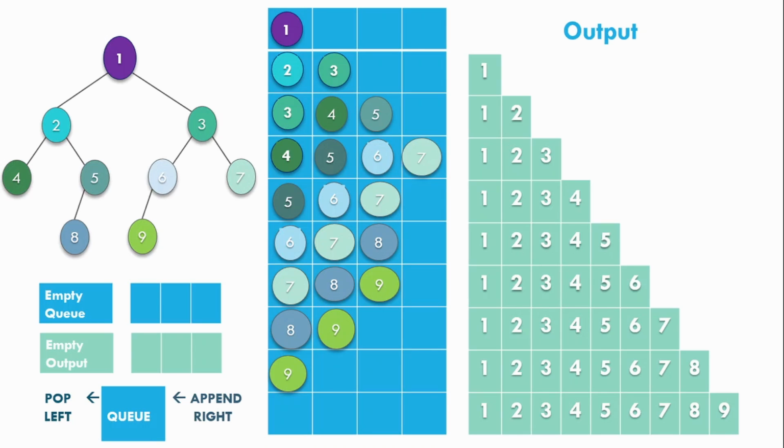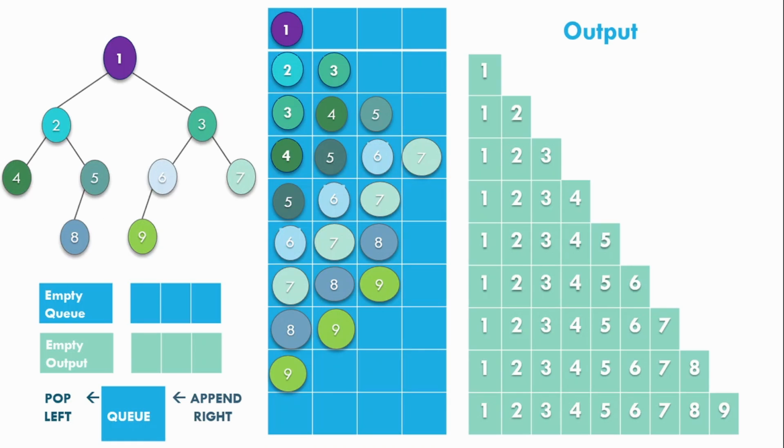Our objective is to traverse the tree level by level, that is, starting from the root node, visit 1, 2, 3, 4, 5, 6, 7, 8 and 9.